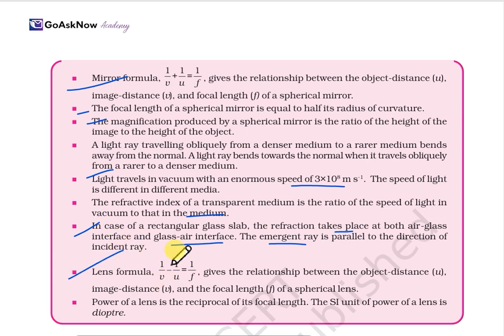Lens formula: 1 upon v minus 1 upon u equals 1 upon f, where u is the object distance, v is the image distance, and f is the focal length of the spherical lens. Also, the power of a lens is the reciprocal of its focal length, and the unit of power is the diopter. So this is all about the chapter reflection and refraction.